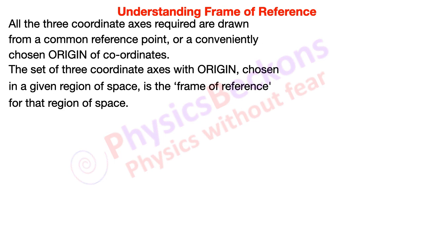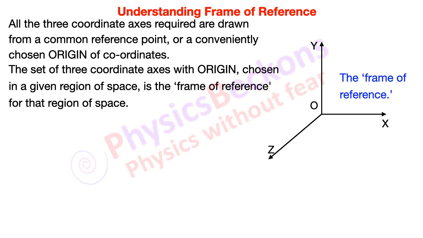So what is a frame of reference? To specify the position of a point in space, we need an origin with three mutually perpendicular axes passing through the origin. So this diagram represents a coordinate system or frame of reference in space.